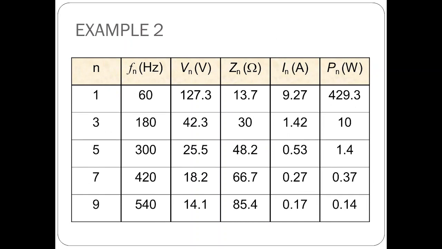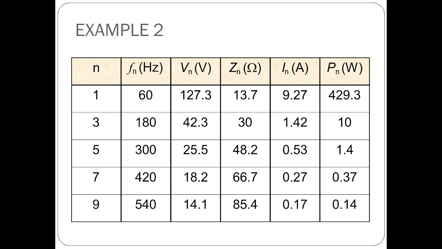Now this table is showing us n equal to 1, 3, 5, 7, 9, because these are the harmonic values for the total harmonic distortion. The n can be changed, from the fundamental to n equal to 3 and so on. We calculate the frequency here: Fn is equal to 60, 180, 300, 420 and 540 Hz. Then we find the voltage Vn, equal to 127.3 as in the first case, and later it is reduced by n times.